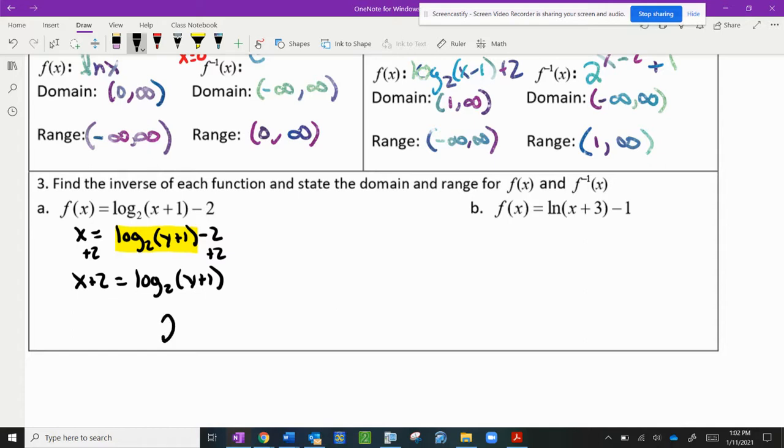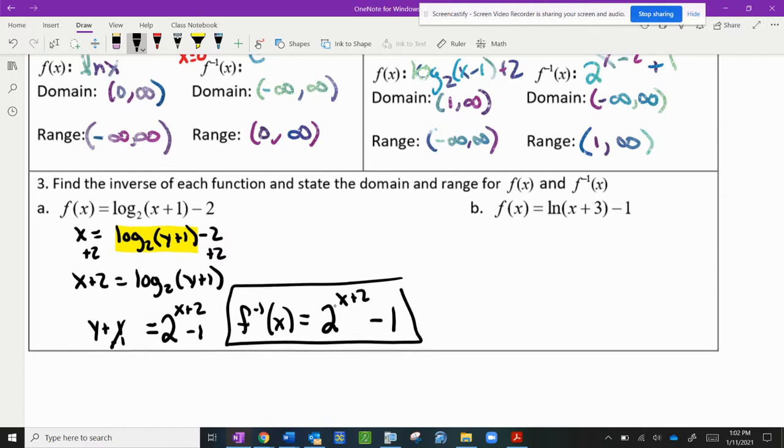So I have 2 raised to the output of the log is equal to the input of the log, which is the output of the exponential. And I'm going to subtract 1 here. And then I get f inverse is 2 to the x plus 2, all minus 1.